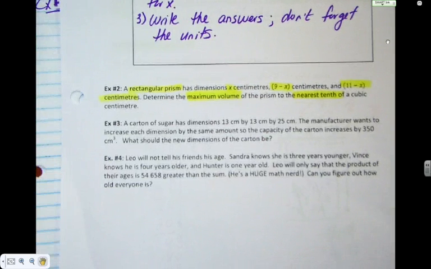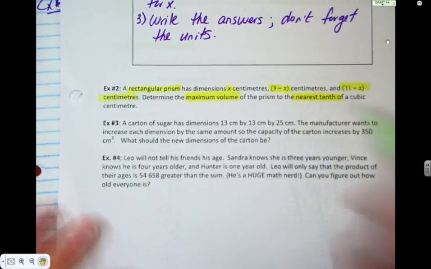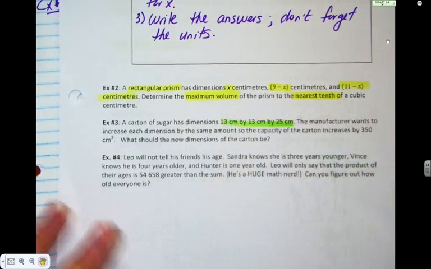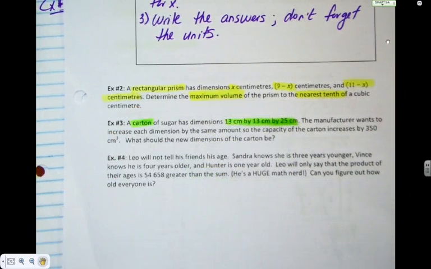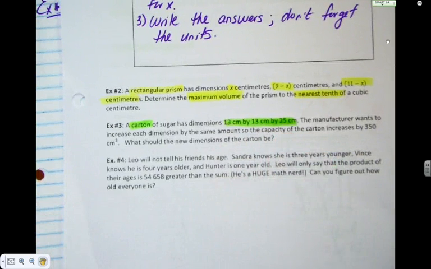Okay, now read to understand. So what are the key words that we need here? Yep, in the math world, we don't care what it's a carton of. The word carton might be important if you're visual because that's telling you the shape. So because it's 3 dimensions and they use the word carton, it's just a rectangular prism, just like the other one. So it's just a box.